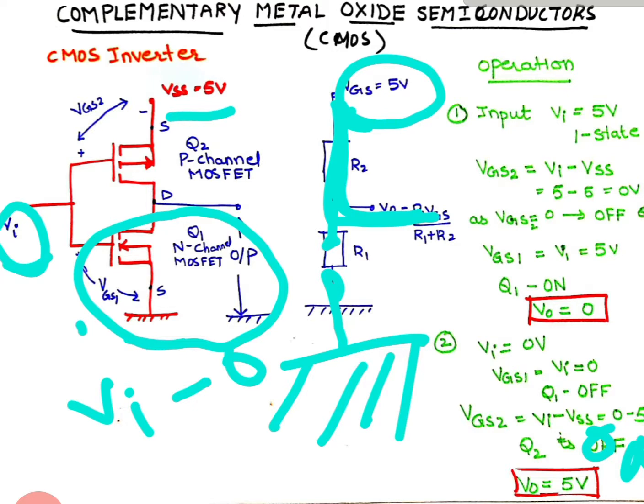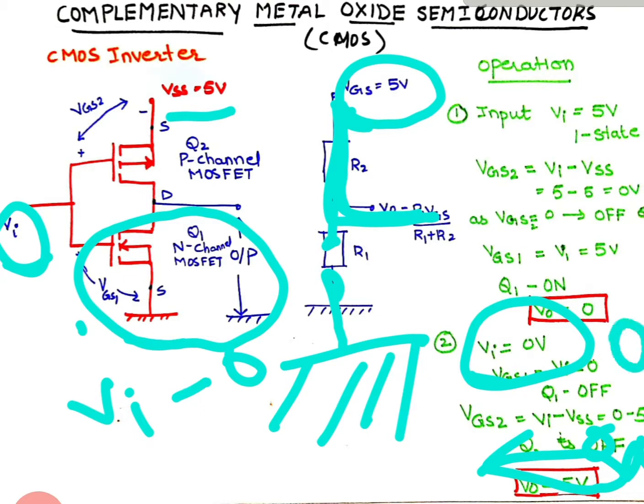Therefore, when you give input as 0, you get output as 5 volts, that is logic 1. You are giving logic 0 and you are getting 1. Therefore this construction acts as the CMOS inverter. That is nothing but it inverts the input level.